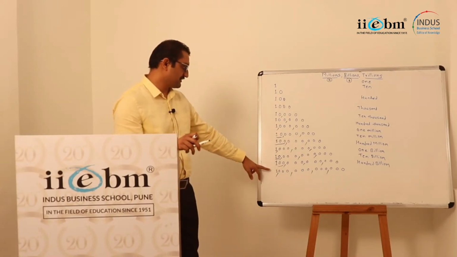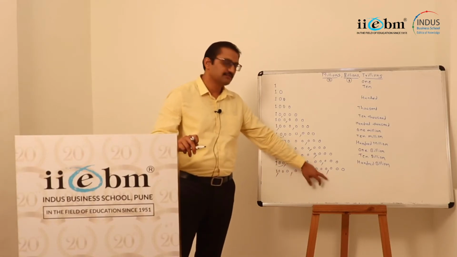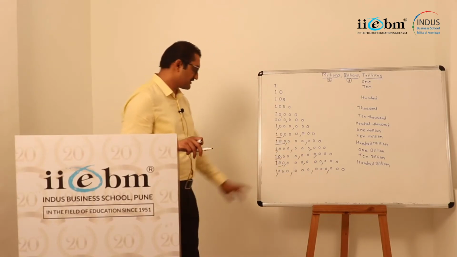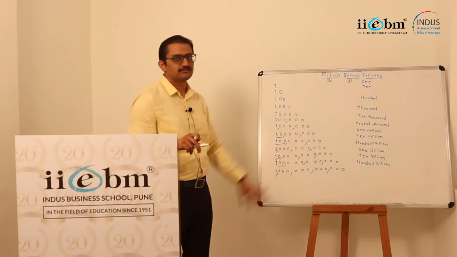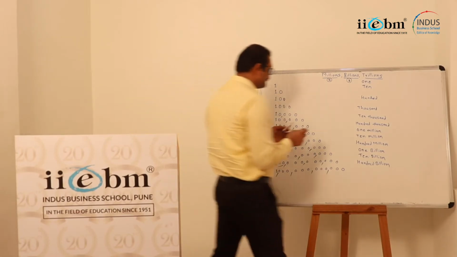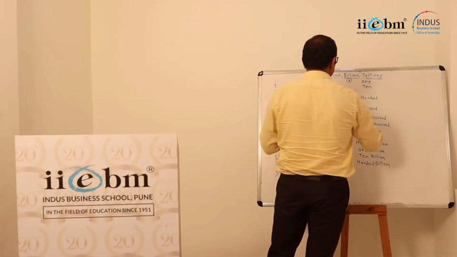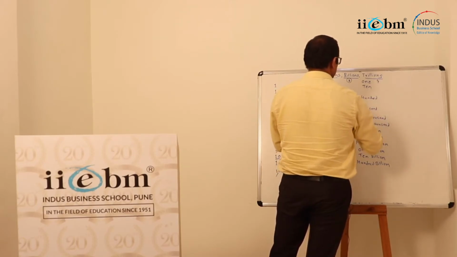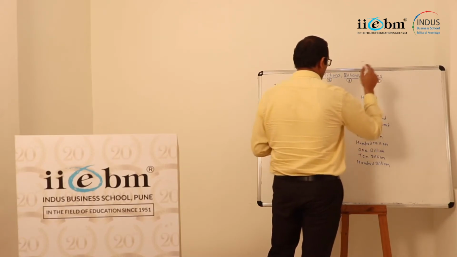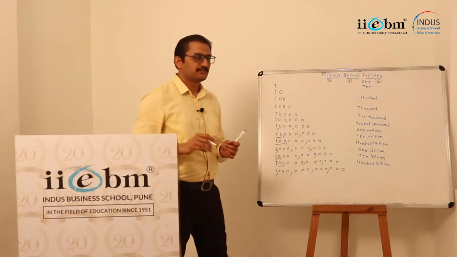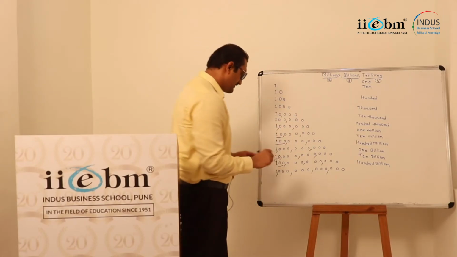So now this particular number has 4 periods. Now this number is in trillions. As we have 4 periods, this number has become trillion.